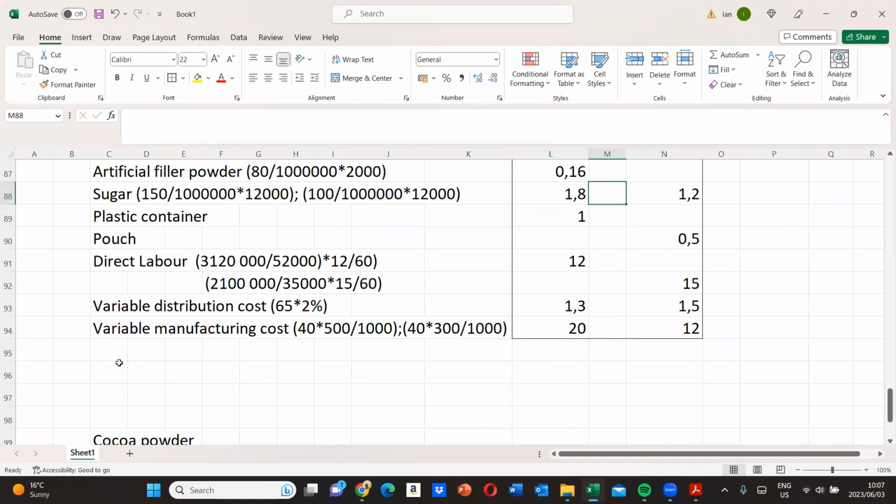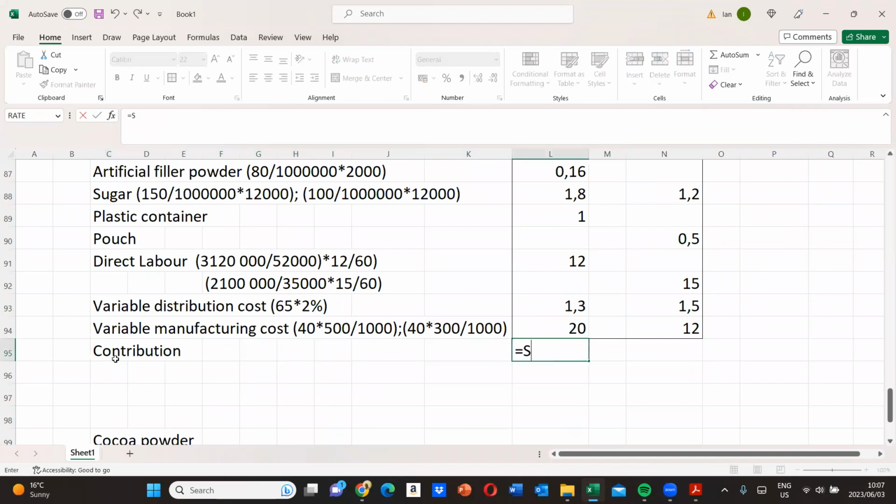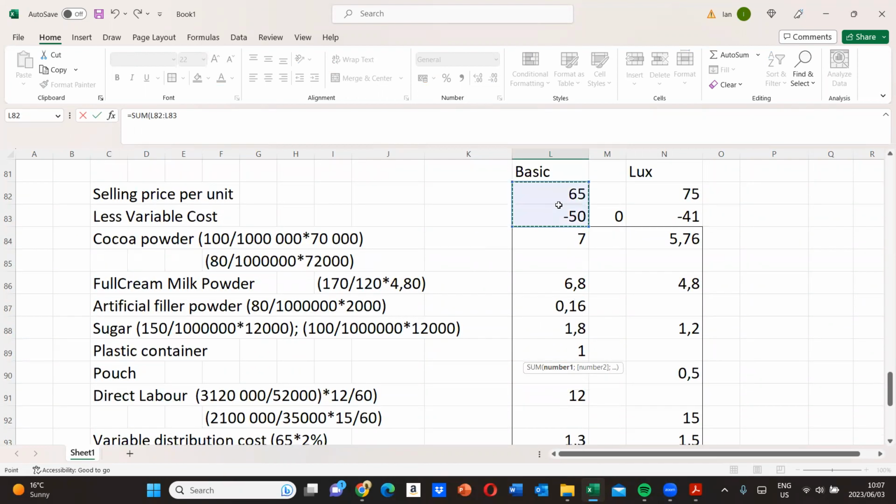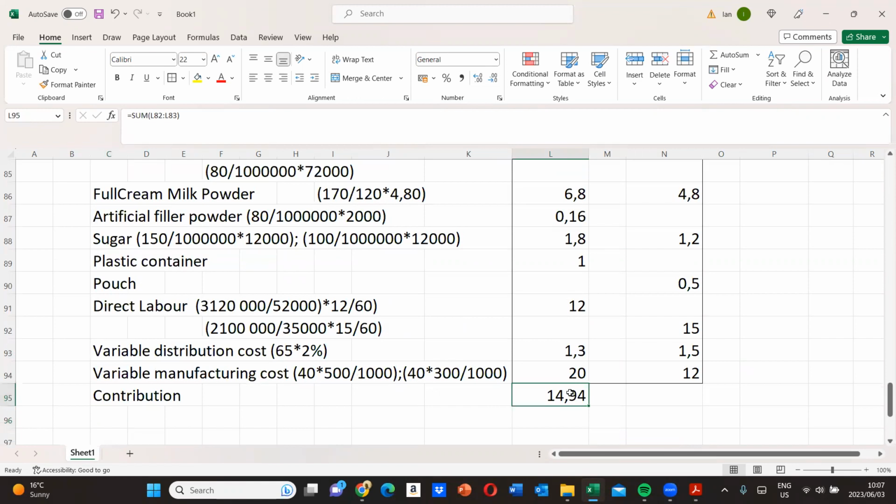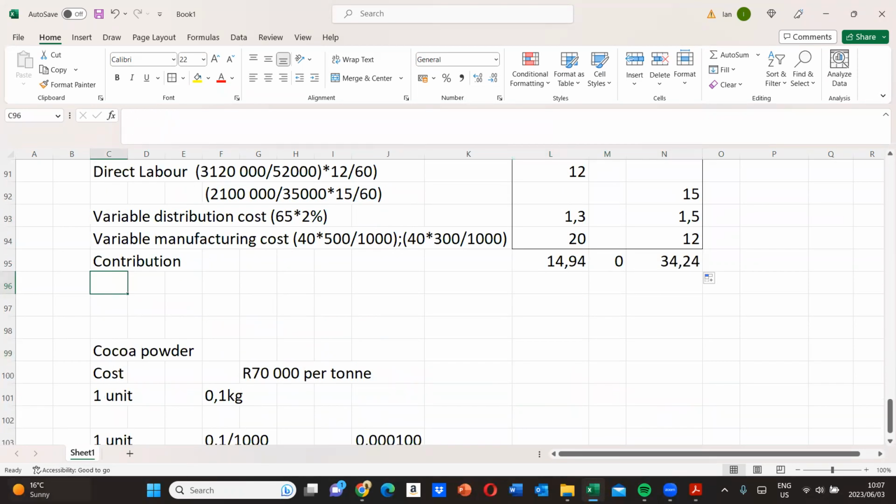And then this is what will give us contribution. I believe from here, you guys now know what to do. You then do your contribution mix, weighted contribution. You do the calculation of weighted contribution and so forth. I believe you can pick it from here.